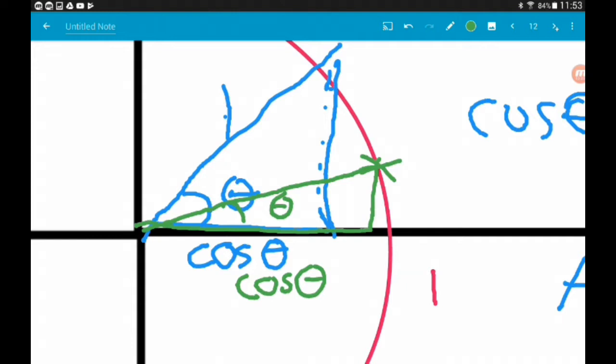Also notice here, sine of theta has got smaller. So sine and cos sort of have an inversely proportional relationship. As one gets bigger, the other one gets smaller. So I'm going to clear this up and we'll go through our important points again.